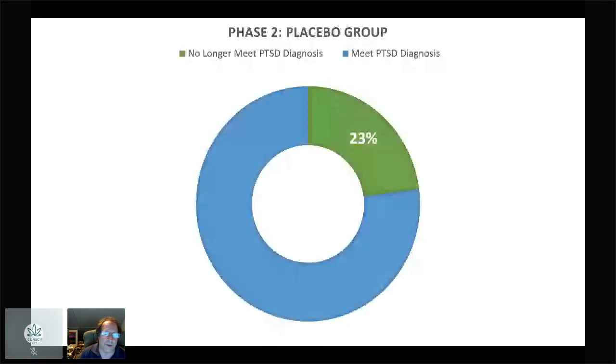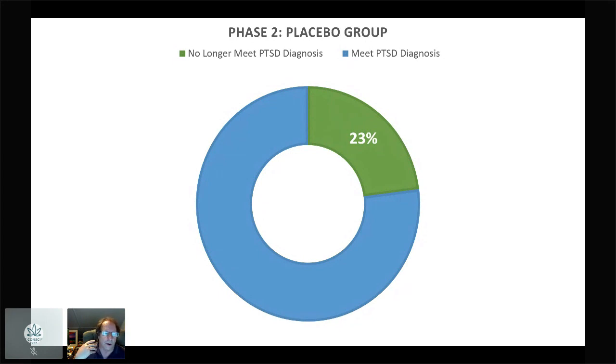This is the data that we presented to the FDA. We have a control group. We're comparing therapy with MDMA versus therapy with either inactive MDMA or very low dose MDMA. And we work with people with, on average, severe, chronic, treatment resistant PTSD. In the phase 2 studies, everybody was treatment resistant.